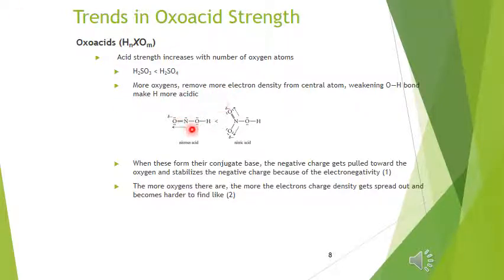So let's take a look at this guy here, this nitrogen with two oxygens. And really what we should look at is the conjugate base. So this as a conjugate base would be this hydrogen knocked off, and how that negative charge can move around. After the hydrogen is gone, you're left with that negative charge.